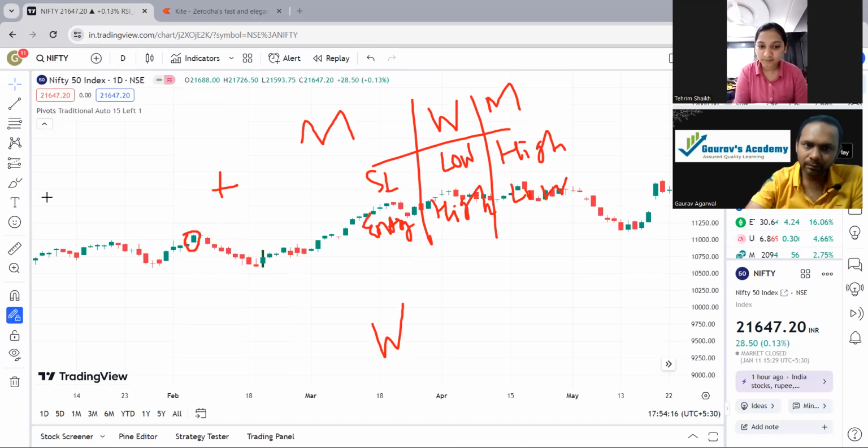But if you see the type of candle, you have to set the targets based on this candle, not this candle, right? Because this candle shows you strength, right? Because this candle has a strong body, and the body is green in color. Green color means buyers, right?